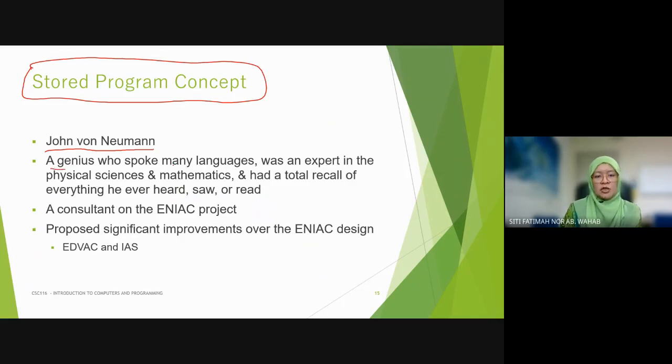A genius who spoke many languages, was an expert in the physical sciences and mathematics, and had total recall of everything he ever heard, saw, or read. He was a consultant on the ENIAC project. He proposed significant improvements over the ENIAC design, therefore the invention of the EDVAC and IAS.